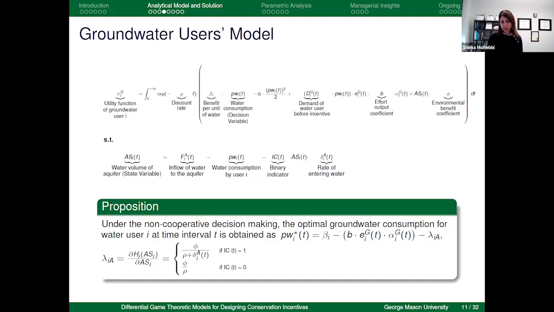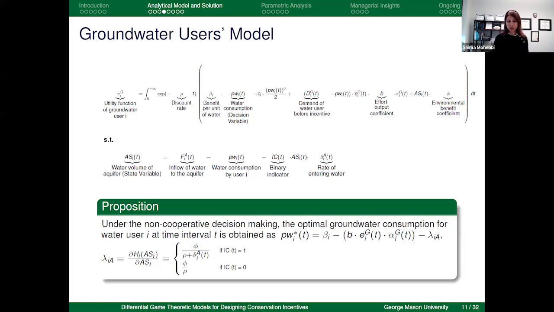The constraint is the water balance equation over time. We have inflow of water to the aquifer, water consumption by users, and the rate of water entering from the aquifer to the river if they are coupled.